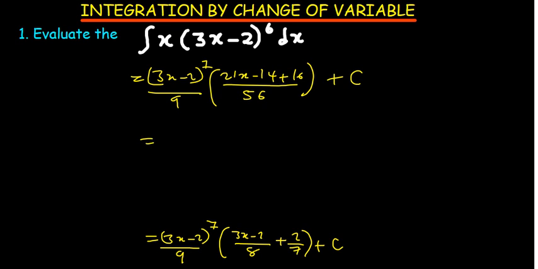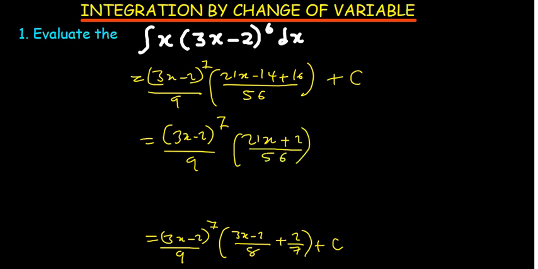And so this gives us (3x minus 2) to the power 7 divided by 9, and then you have got 21x minus 14 plus 16, that is a positive 2, and then divided by 56, then plus c.